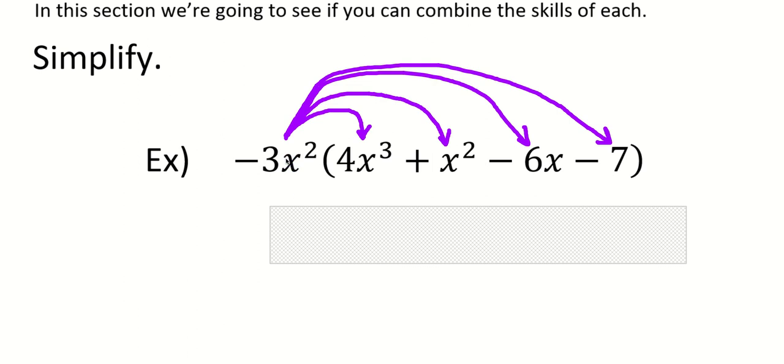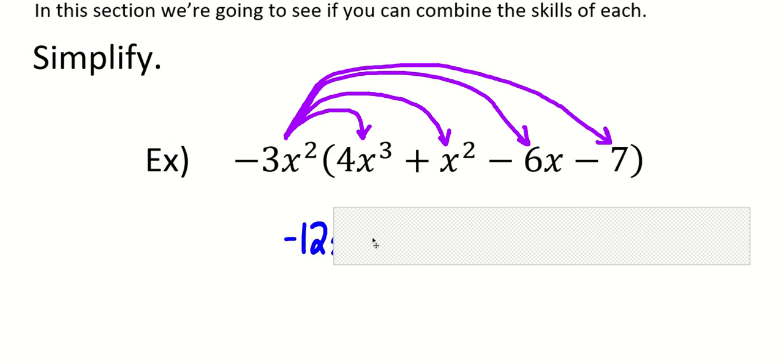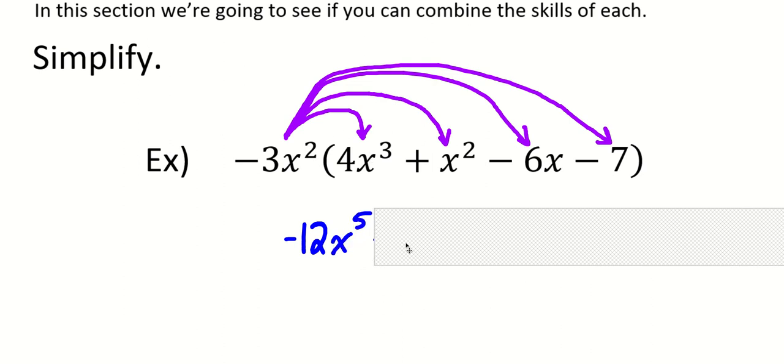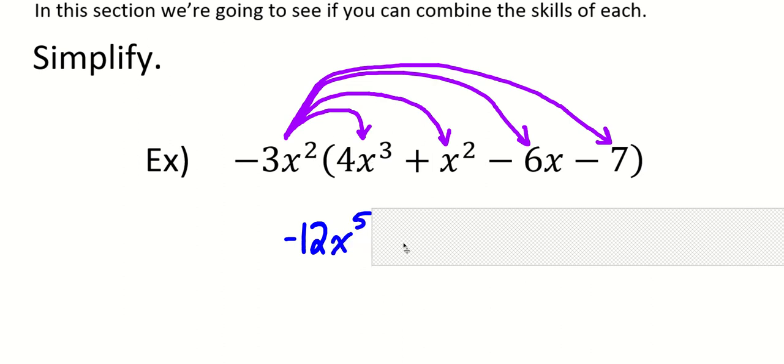So we have to do negative 3x squared times 4x to the 3rd. You just have to do a lot of little baby steps, a lot of little decisions, and get them all correct. Because we're doing negative 3 times 4, which is negative 12, but then the x squared times the x cubed, you add the powers.